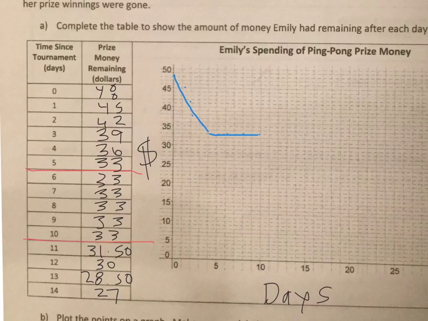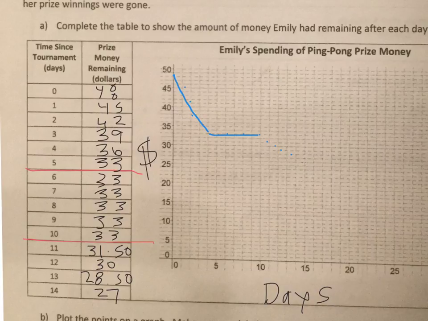And then for your third section, you've got 11, 31.50, 12, 30, 13 is 28.50, 14 is 27, and that's all of our points.